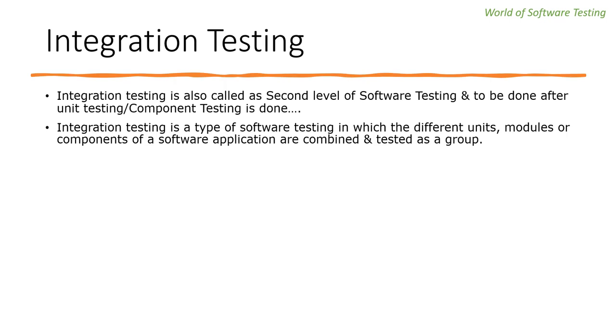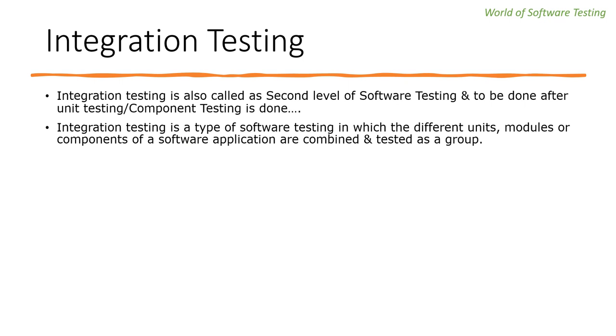What is integration testing? Integration testing is also called the second level of software testing, and it is to be done after the unit testing or the component testing is done. Integration testing, also known as integration and testing, that is INT.